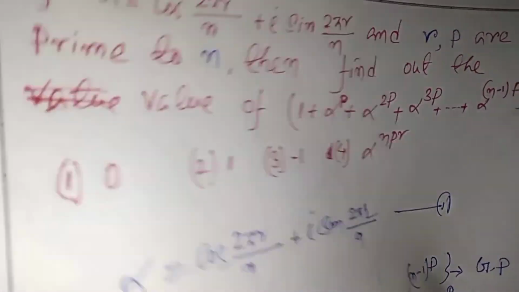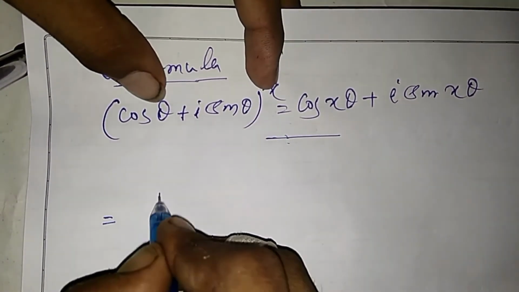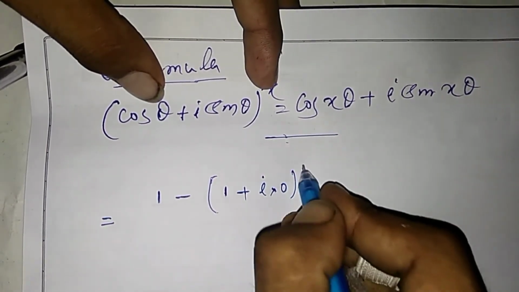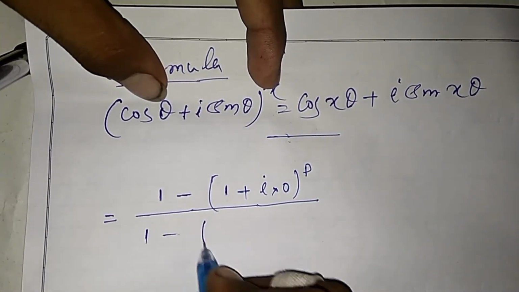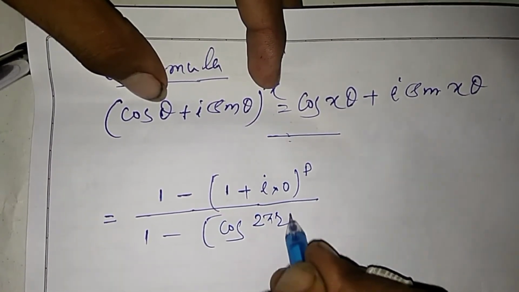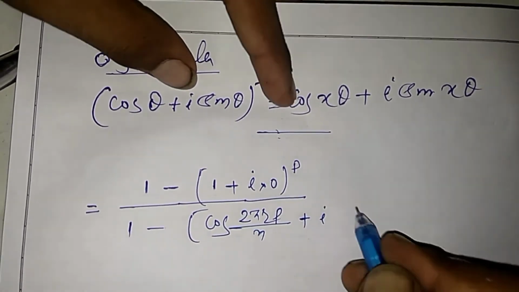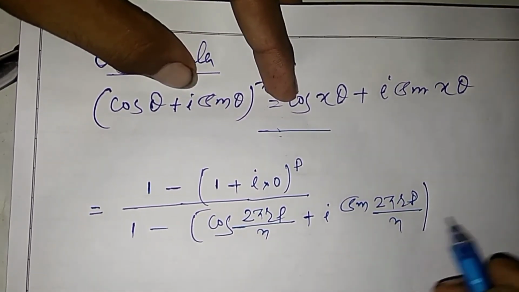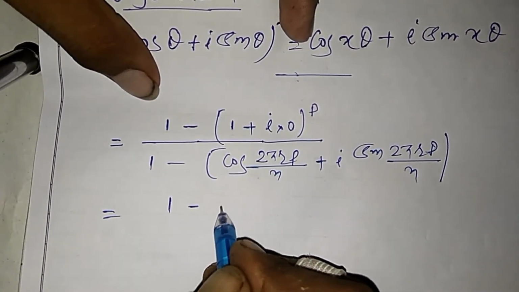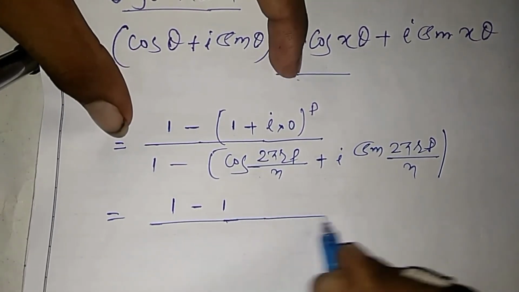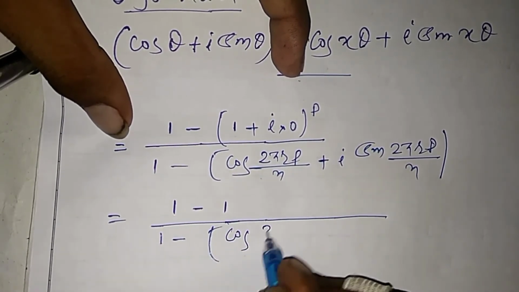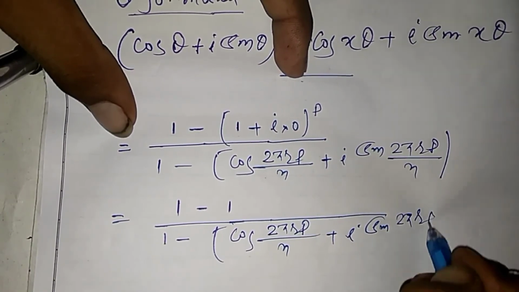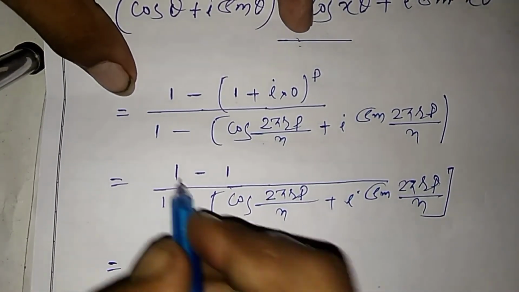So it equals 1 minus (1 plus iota into 0) to the power p upon 1 minus (cos 2 pi r p upon n plus iota sine 2 pi r p upon n), which is 1 minus 1 upon 1 minus (cos 2 pi r p upon n plus iota sine 2 pi r p upon n), which equals 0.